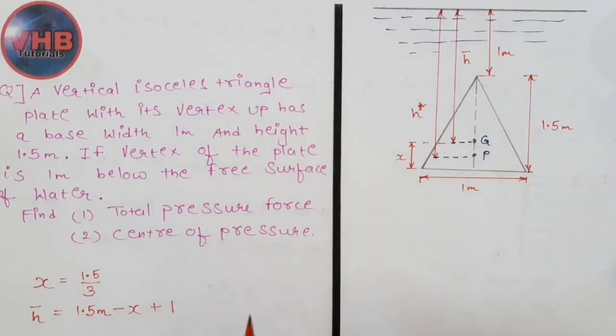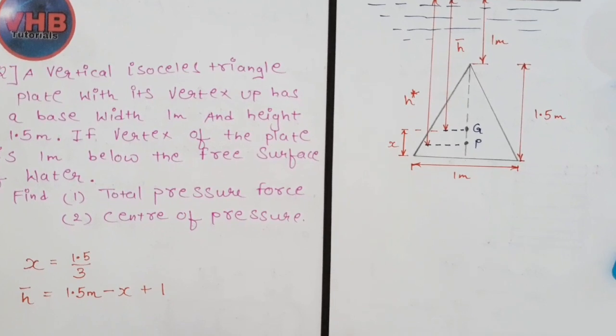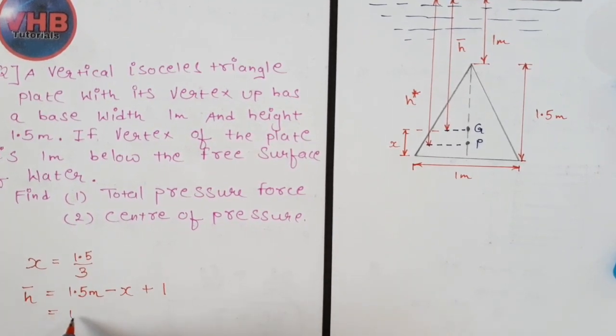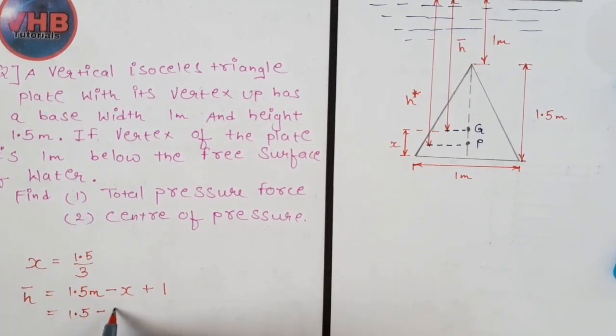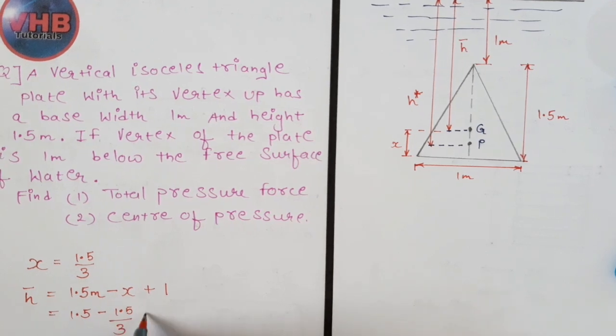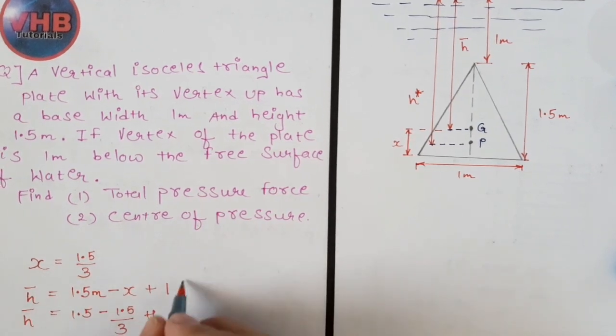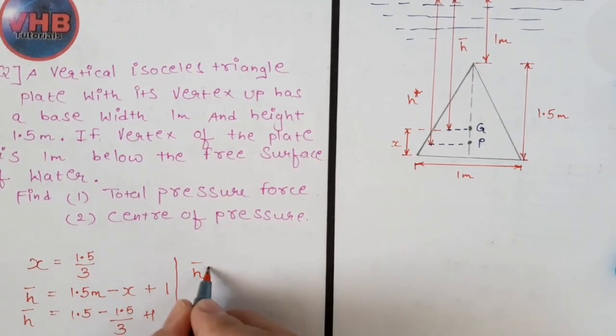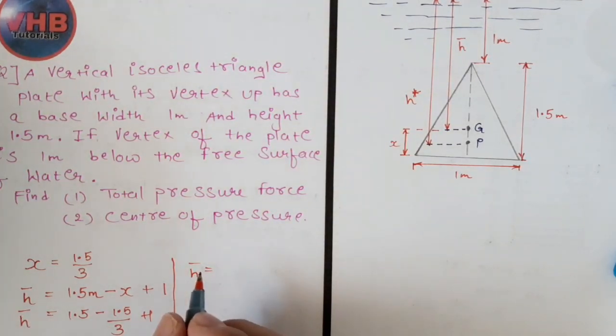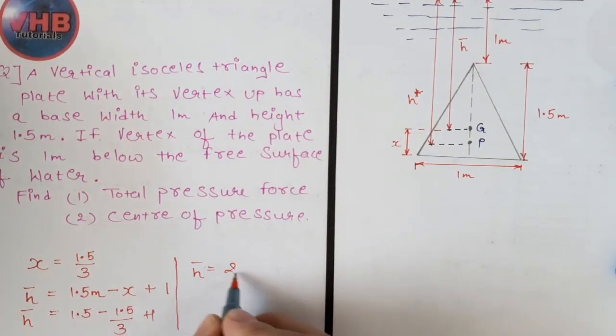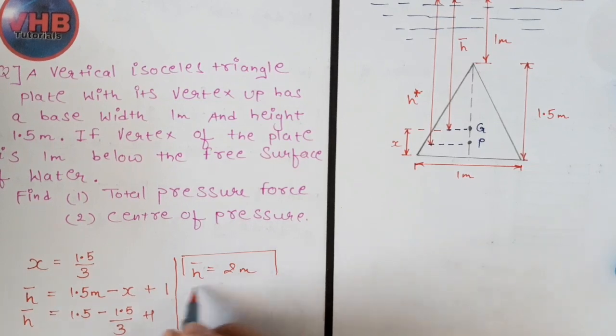So this is H bar. Put the value of x: 1.5 minus 1.5 divided by 3, plus 1. So you will get H bar equal to 2 meter. So we got the value of H bar.